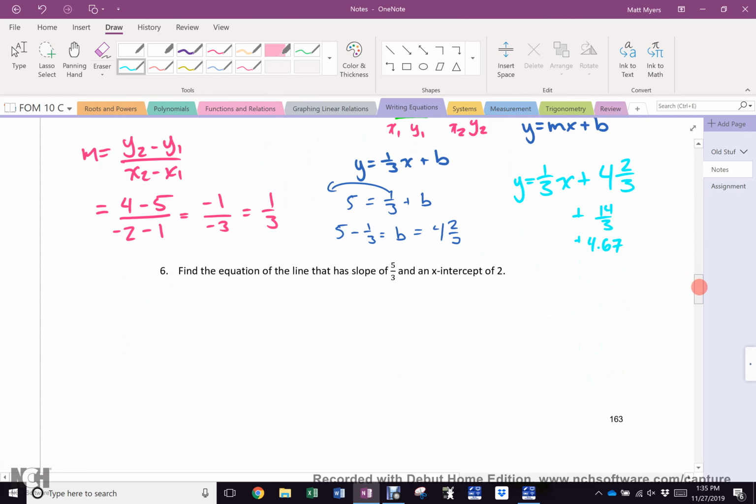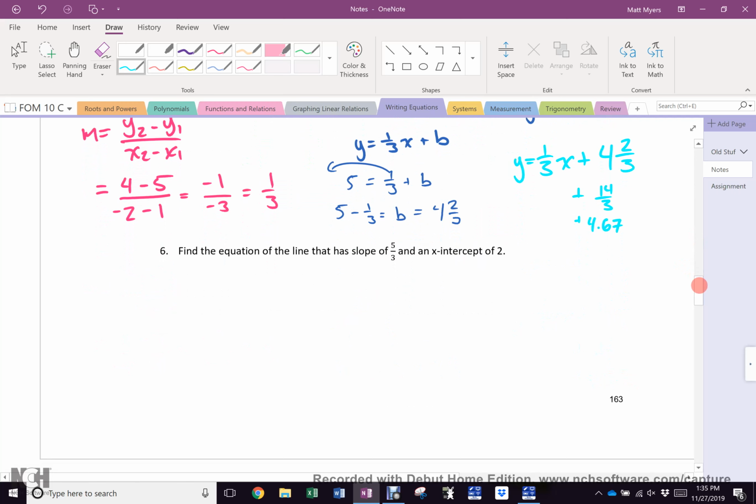Okay, look closely at number 6. Tell me what you would use. Say it loud and proud, man. Why would you choose slope-intercept? You've got a slope right there, and look closer. Look closer.